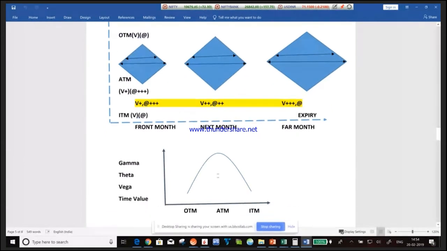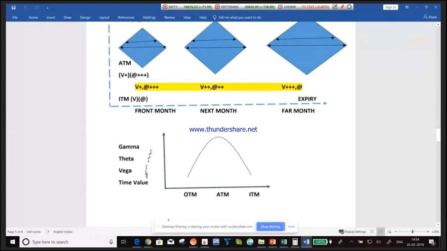And this is a simple graph, moneyness versus all these values. If you see, everything is highest for at the money options and it reduces as you go opposite. Except for delta, your time value is highest for at the money. Your vega is highest for at the money. Your theta is highest for at the money.